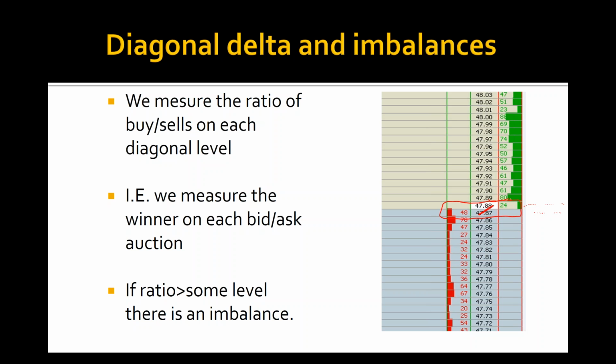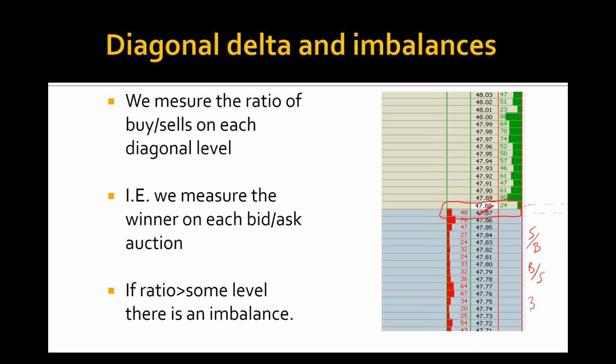What's happening? We're going to count the buyer volume and compare it to the seller volume. If there is more seller volume than buyer, we're going to compute the ratio of sellers divided by buyers. And if there are more buyers than sellers, we're going to compute buyers divided by sellers. Okay, and we're going to establish some kind of ratio. By default we use a ratio of 3.